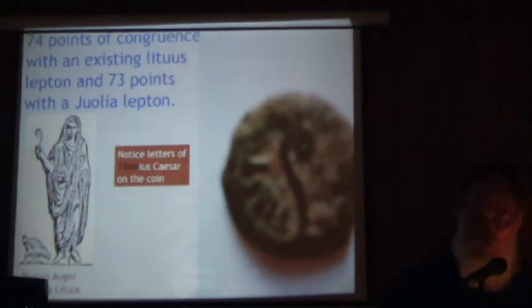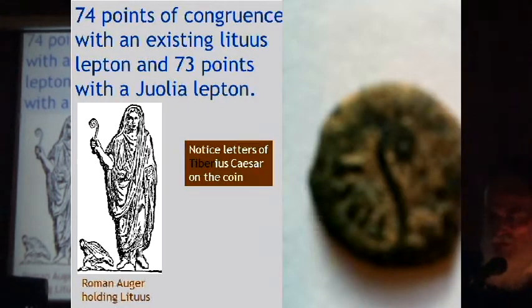That's what the lituus looks like, the augur staff being held in the hands of the soothsayer, and 74 points of congruence with the existing lituus. The coin that I've passed around has been found through the special photography.